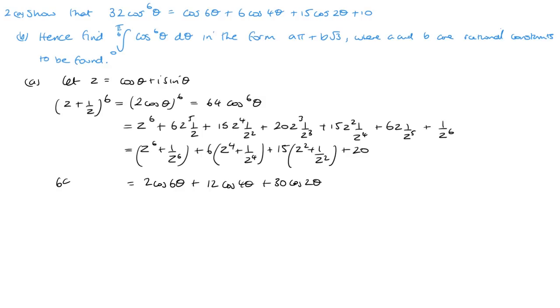And this, of course, is 64 cos to the power 6 theta. We want 32 cos to the power 6 theta, so dividing by 2. Oh, I missed out the plus 20 there, plus 10. And there we have it as required.